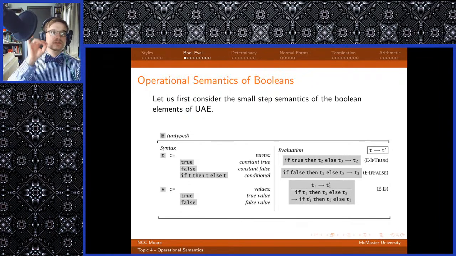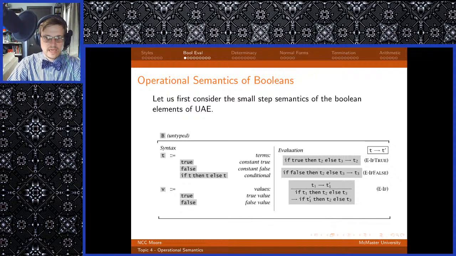Now that we're talking about semantics, we are interested in making a distinction between compound terms and terms that are irreducible. True and false are irreducible, right? There's no rule we could think of that would reduce true to something else because it's intended to be the stopping point of term simplification. So we call it a value.